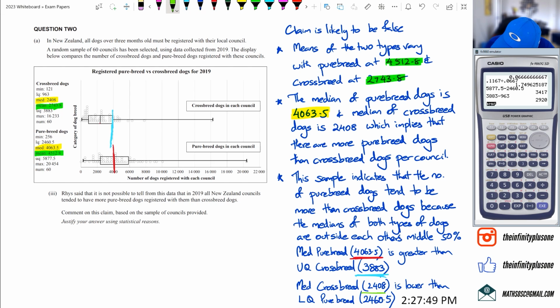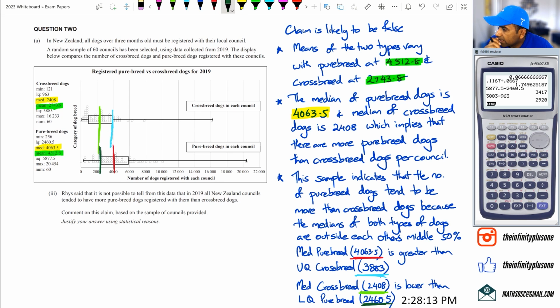Then the median of the crossbreed, which is 2408, is lower than the 2460.5, which is the lower quartile of the purebred. So this is clearly showing us that the purebred tends to be more than the crossbreed dogs.